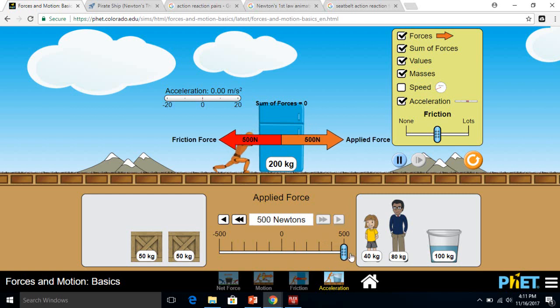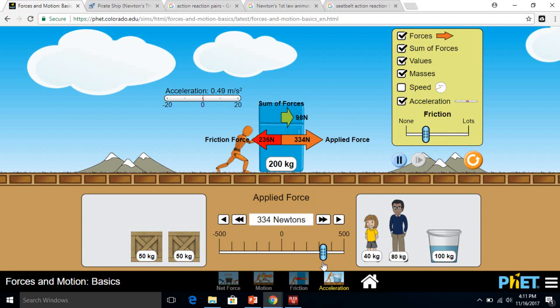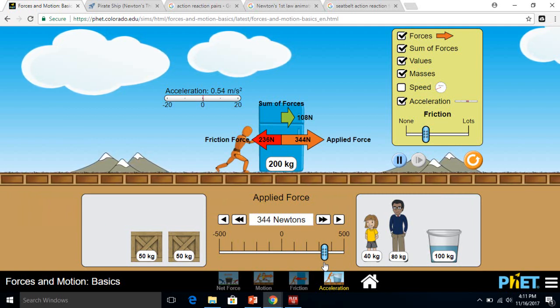And this one might not accelerate with that friction. See, this has so much friction, I don't have a force that's going to be big enough to be able to do it. So I have to take some friction away. Let's increase. There we go.